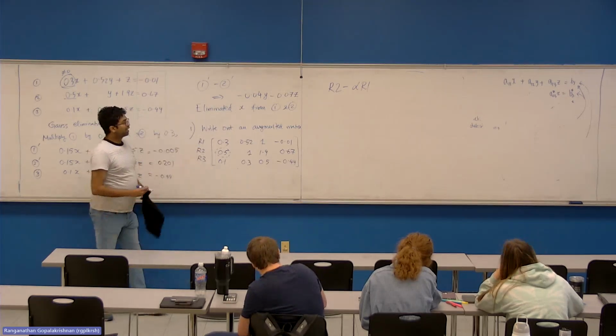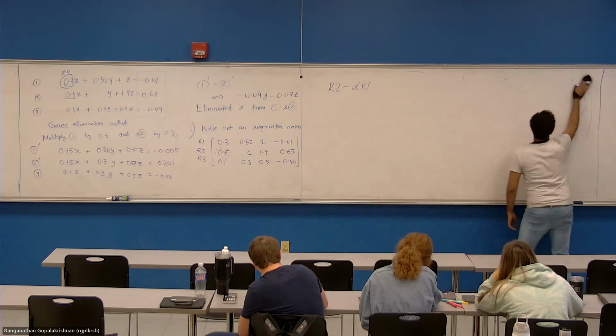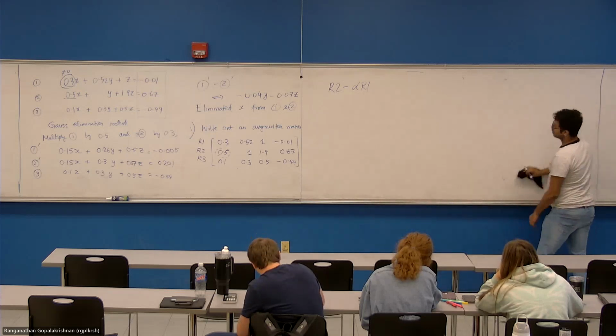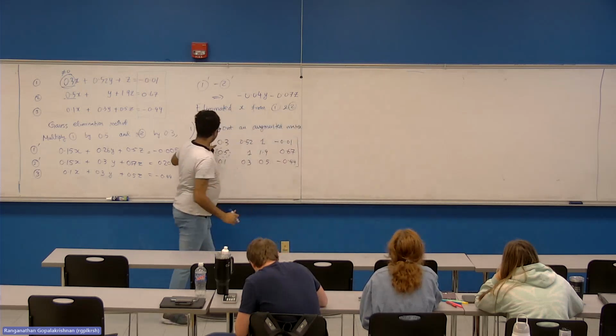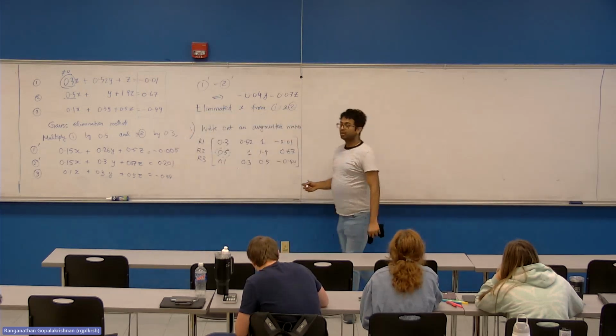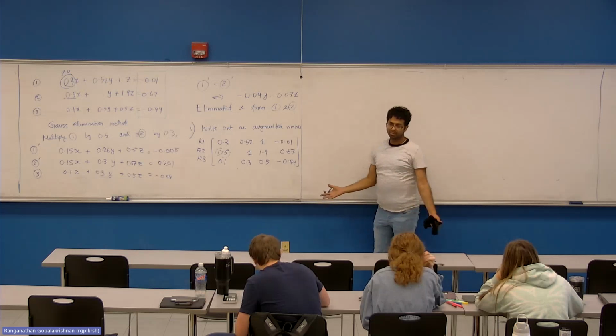What constant should I multiply? Can't you multiply both of them? We are going to keep R1 intact. We are not going to change it at all.